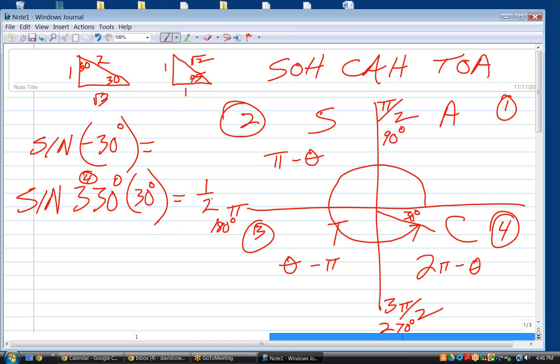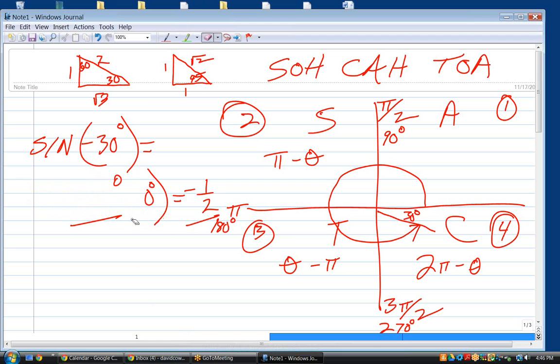And what is the plus or minus sign in the fourth quadrant for sine? It would be negative. Okay. So that took 1 step, 2 steps, 3 steps.